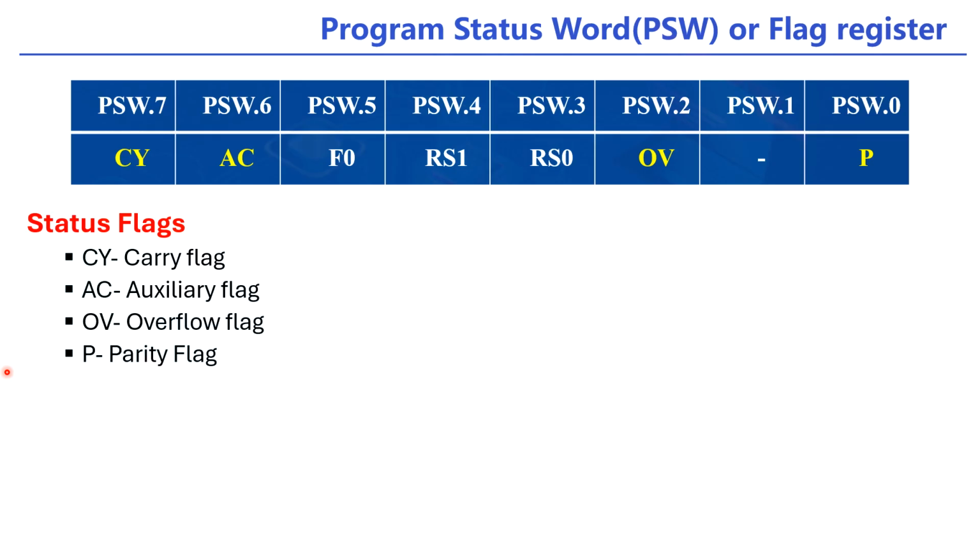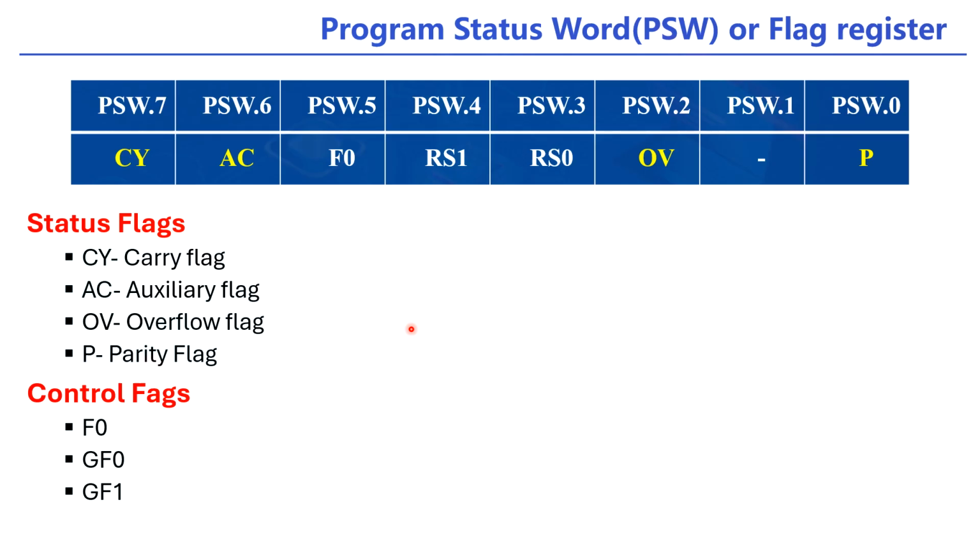First of all, we can see here the status flags: carry flag, auxiliary carry flag, overflow flag, and parity flag. Control flags are F0, GF0, GF1, but generally not used here.